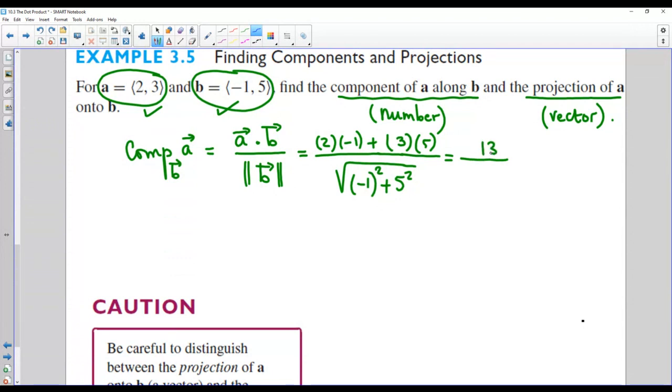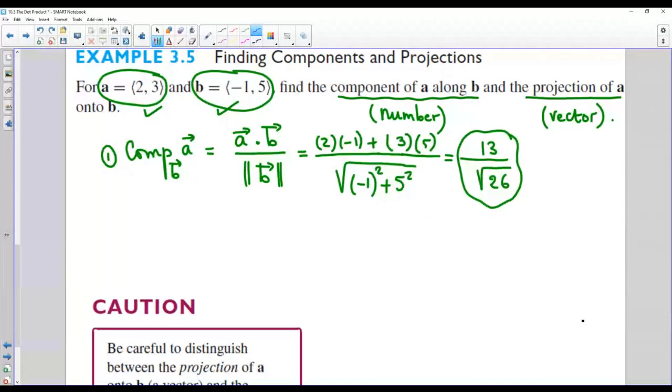The numerator will give us 13. The denominator will be the square root of 26. Square root of 26, something like this. Are we okay with that? Yeah. So that's the component.